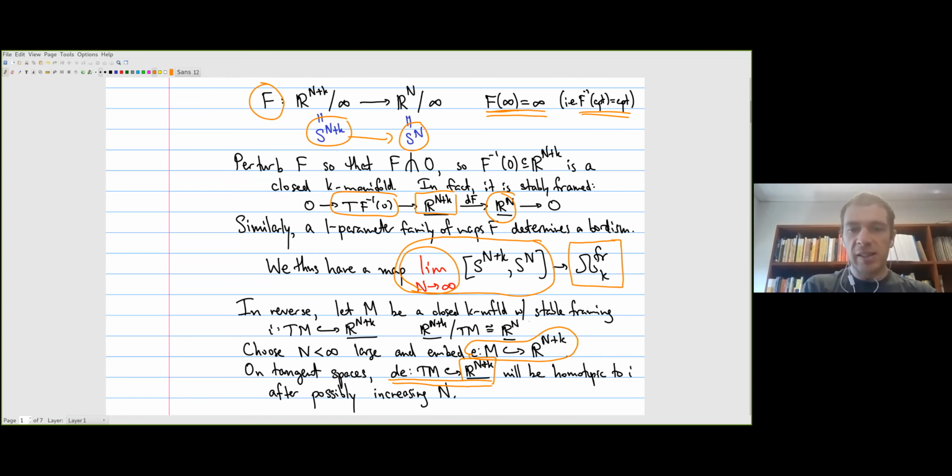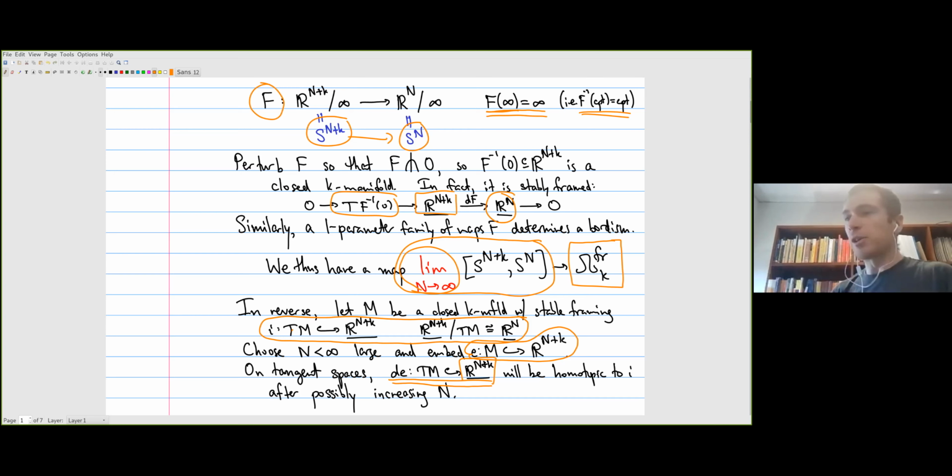Now, a stable framing consists of this data. In particular, it's an embedding of TM into a trivial vector bundle. Now, all such embeddings are the same once you stabilize enough. So if we increase n, this is how you show that the infinite Grassmannian classifies vector bundles.